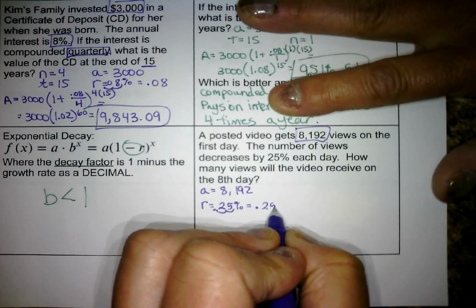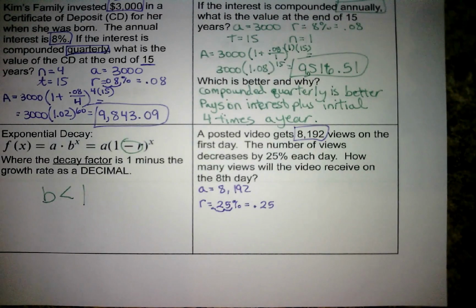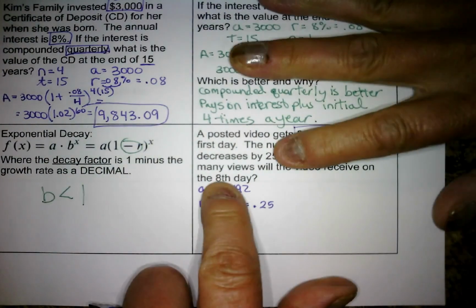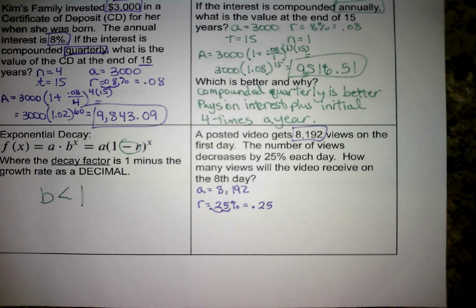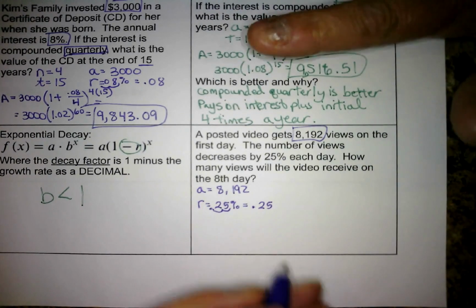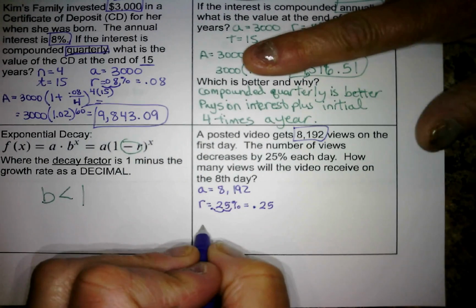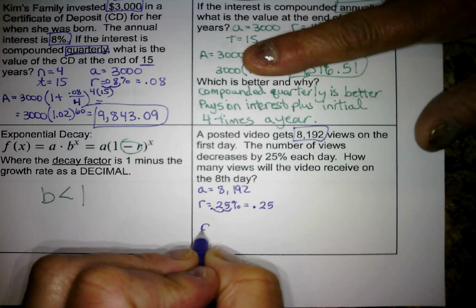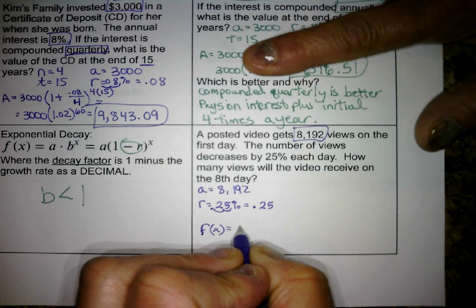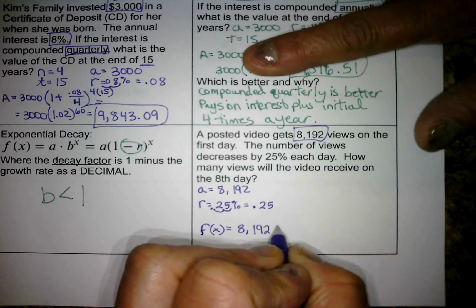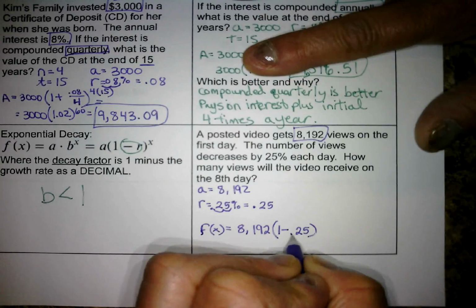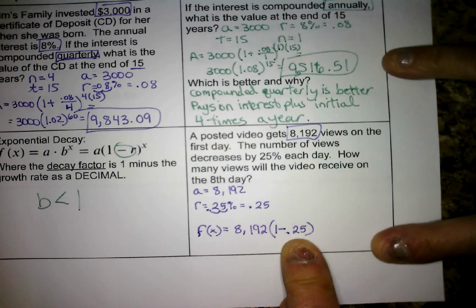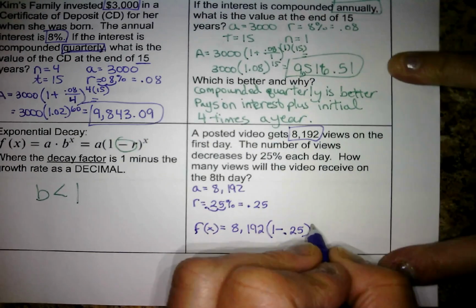And it says, hey, how many people are going to watch this on the 8th day? My video is not as cool on the 8th day, so I'm probably not going to have as many views. So let's go ahead and plug this in. I get f of x equals my initial amount times 1 minus, because my views are decreasing, 0.25 to the x, which is 8.